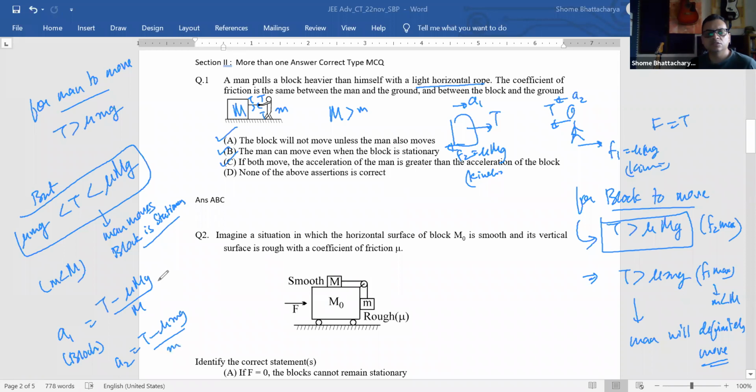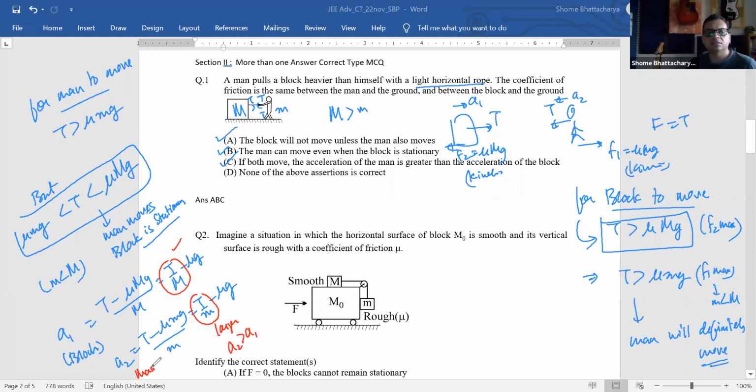So now if you compare these two, this is T by capital M minus mu g, and this is T by small m minus mu g. Okay, so you can see that this quantity is larger than this. Therefore a2 is greater than a1.